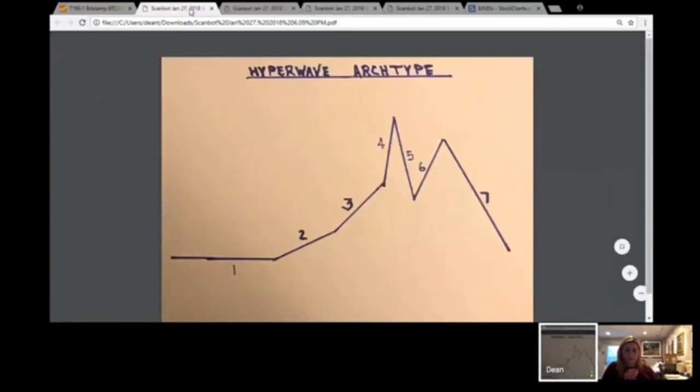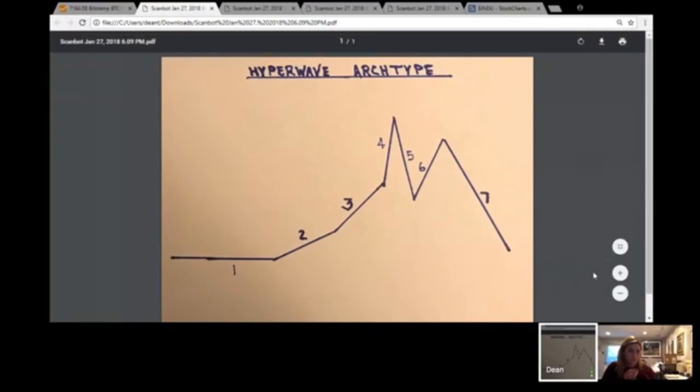Back to our chart. In other words, at the end of this 7, very often what happens is we go through a long period of time where there is no upwards activity. The Japanese stock market is a great example of that.